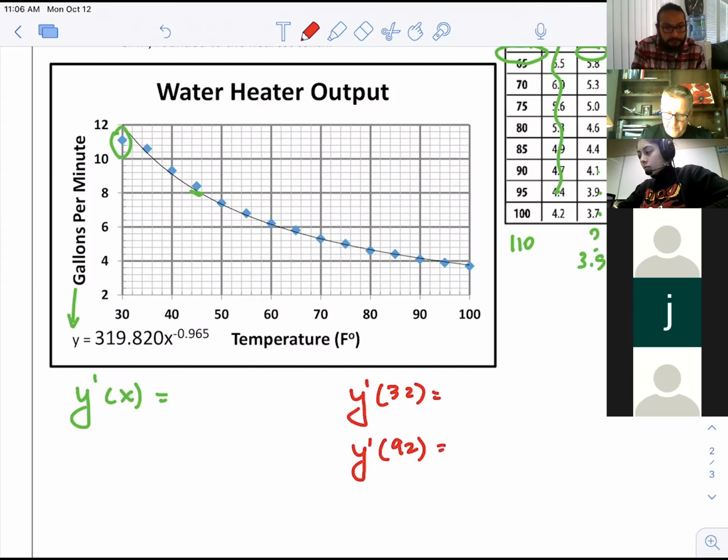Double check your derivative so you're not wasting time. Maybe we all round it a little differently. I'm going to say 0.63. And you have to be really careful. You multiply the 0.965 down to the coefficient, which changes it to 308 and also makes it negative. But then what do you have to do to the exponent according to the power rule?